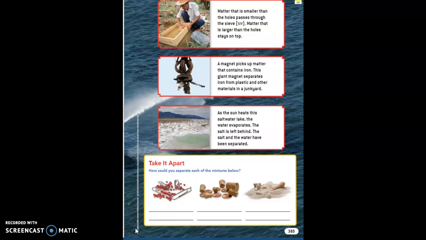Okay? In the next picture, as the sun hits this saltwater lake, the water evaporates and the salt is left behind. And the salt and the water have been separated. Okay? You see?